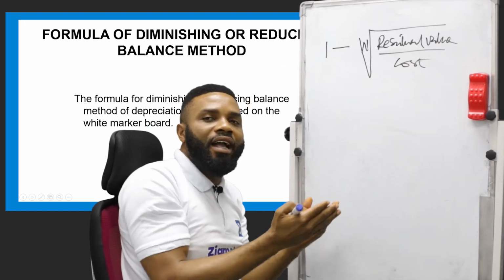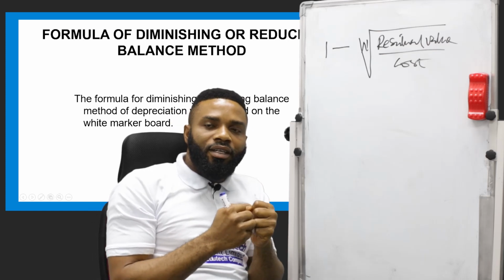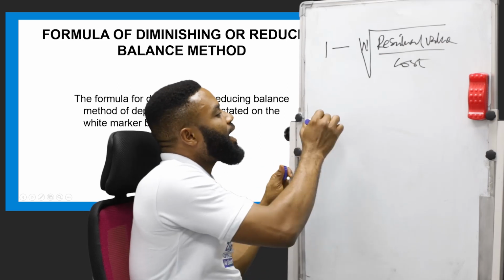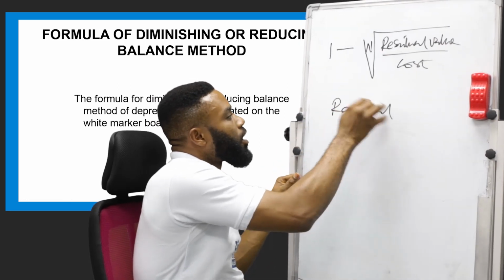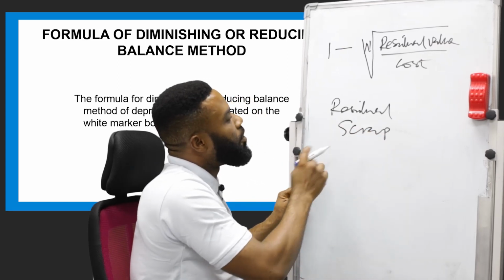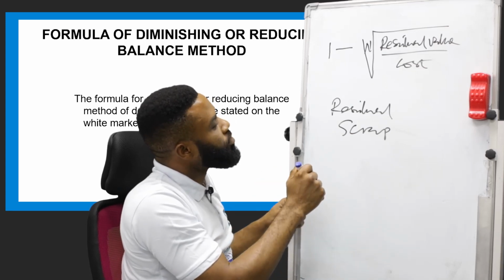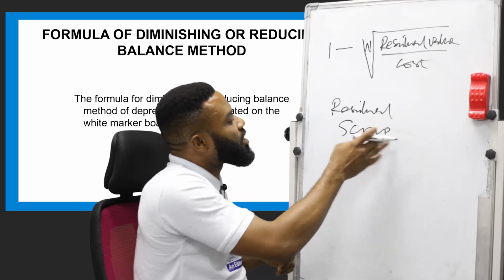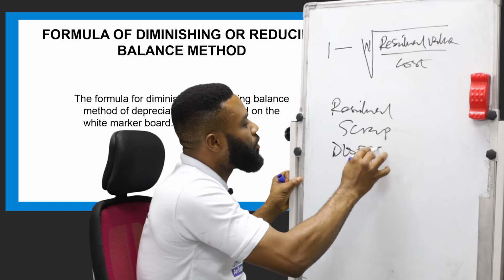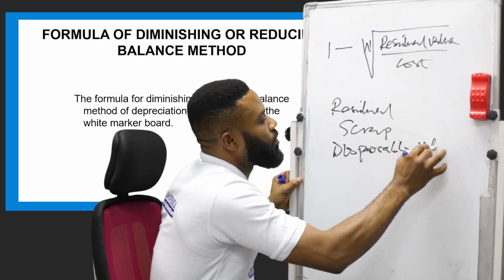Now, sometimes they can give you the cost of an asset. They can give you the residual value. Remember, we have said that residual value, you can either call it residual value, or you call it scrap value, or you can call it disposable value.